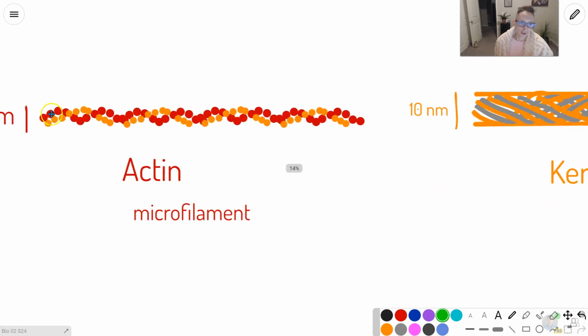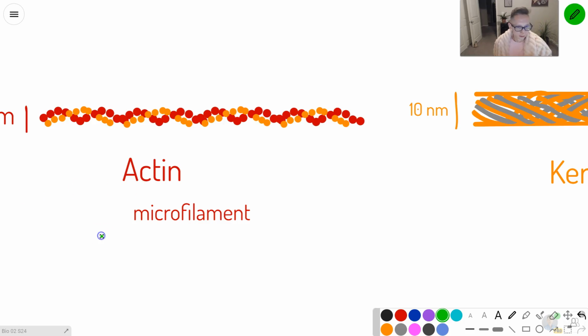Actin is made out of 2 strands of monomers that kind of intertwine and interweave between each other. Let me see if I can pull up another picture of this. I've already drawn these out before.